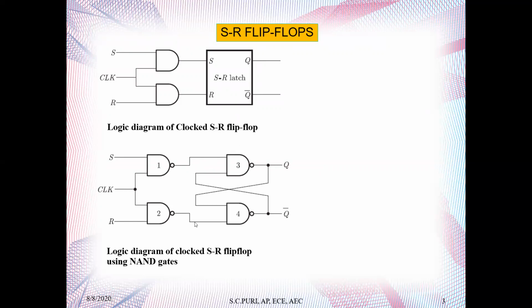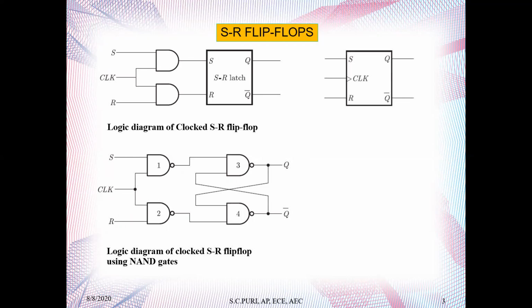There is a clock, and depending on this clock, the output will change. There is a control over here. There is a NAND latch with this configuration, where there are two NAND gates and a common input among them is the clock. There will be one input S and another input R, set and reset. And there will be two outputs, where one output will be the complement of the other. So this is the typical setup of an SR flip-flop using NAND gates.